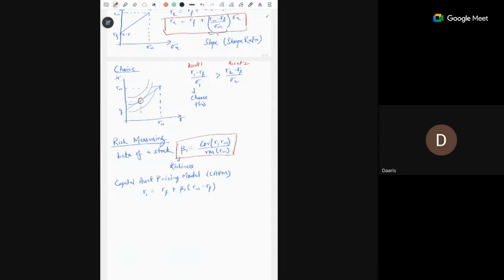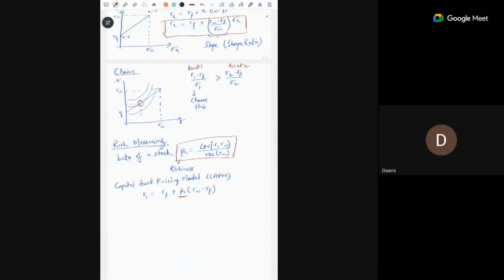And this beta is used later in order to find out the benchmark return for a particular asset. So if we know the beta of an asset I, then the benchmark return for this asset would be equal to the risk-free return plus the beta times (RM minus RF).